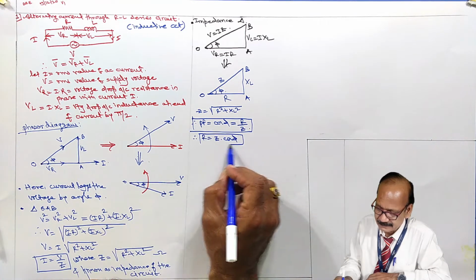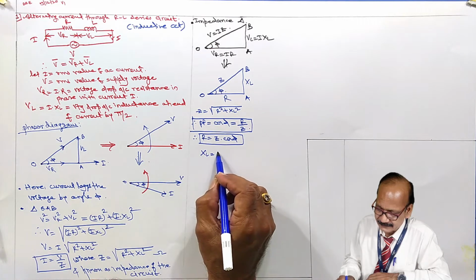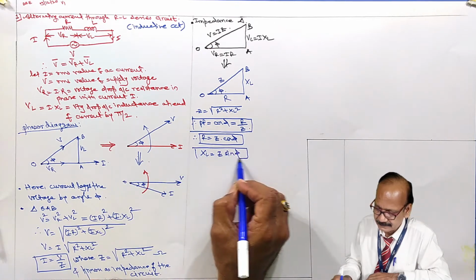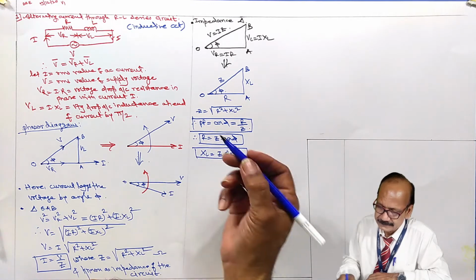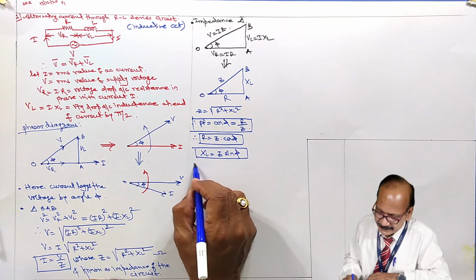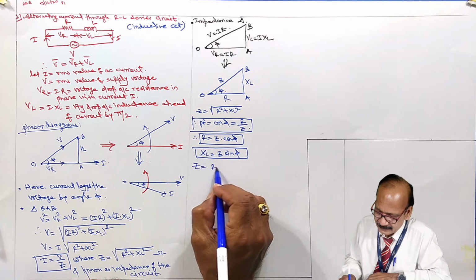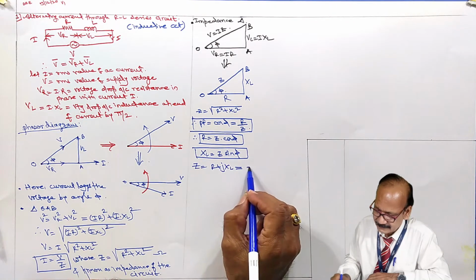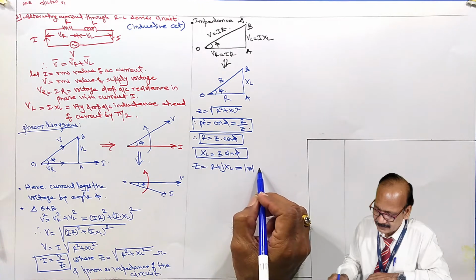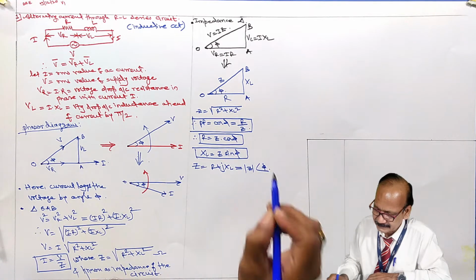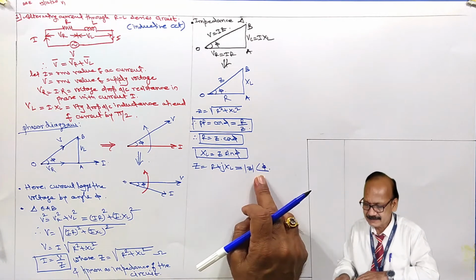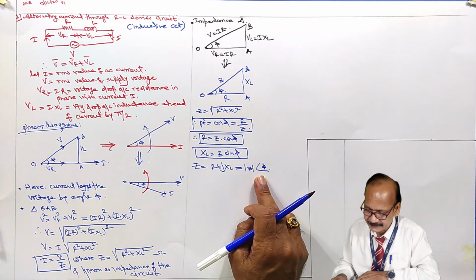Similarly, X_L equals Z sin phi. Then this can also be written as Z equals R plus jX_L equals Z mod angle phi. That is, this is rectangular coordinate, this one is polar coordinate.